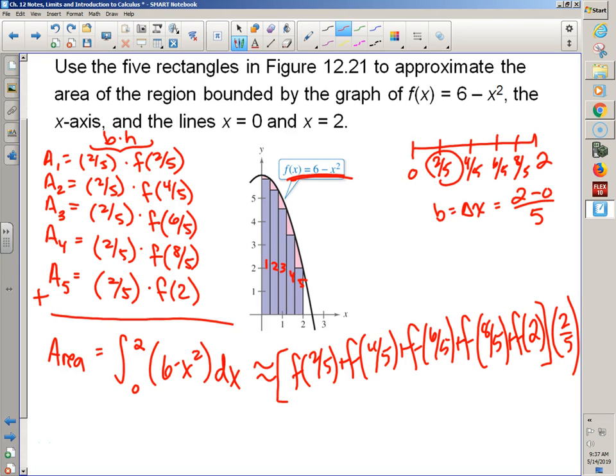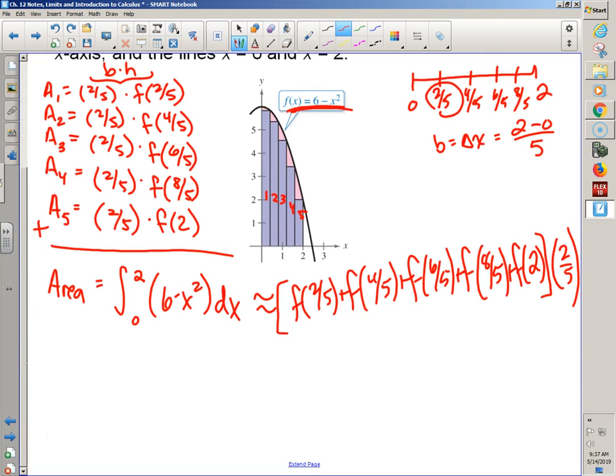Wait a minute. Do you see all this repeated addition going on? Is there some sort of mathematical operation or Greek letter that does a repeated addition over and over and over again? Ooh. Could I go sigma from i equals 1 to 5 of f of, could I do something like 2/5 n times 2/5?